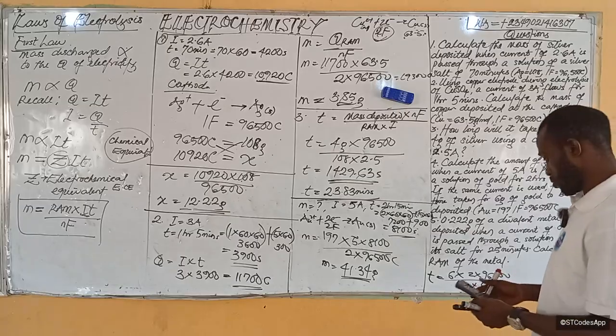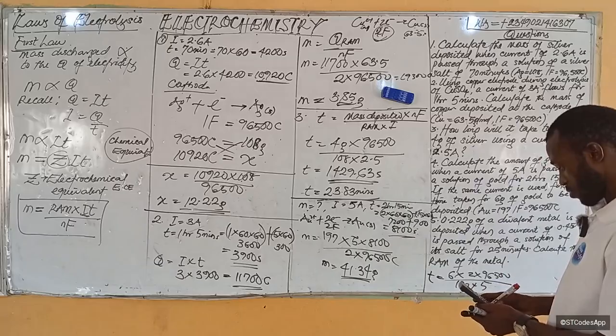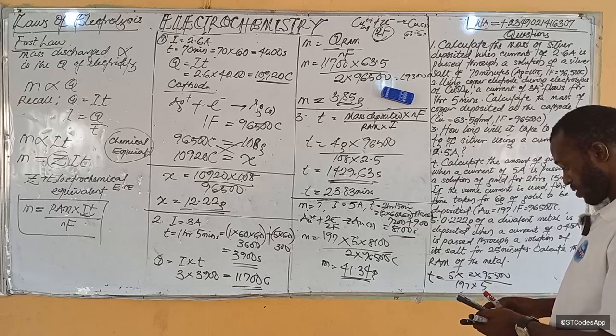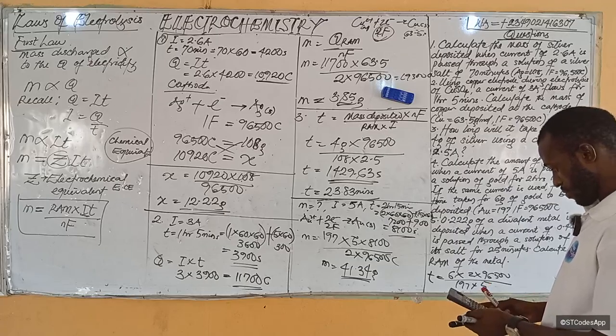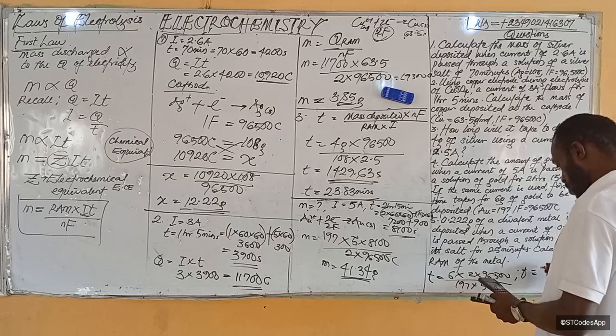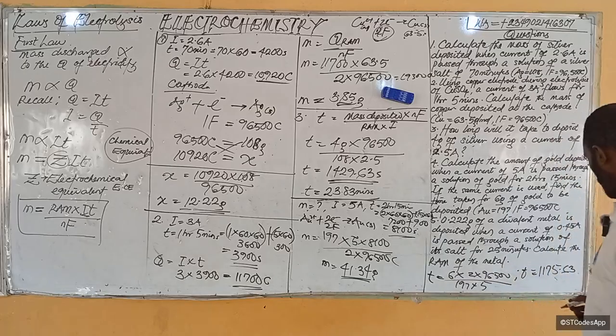So very simple. You just do 12 times 96,500 divided by 197, divided again by 5. So the time is equal to 1175.63.